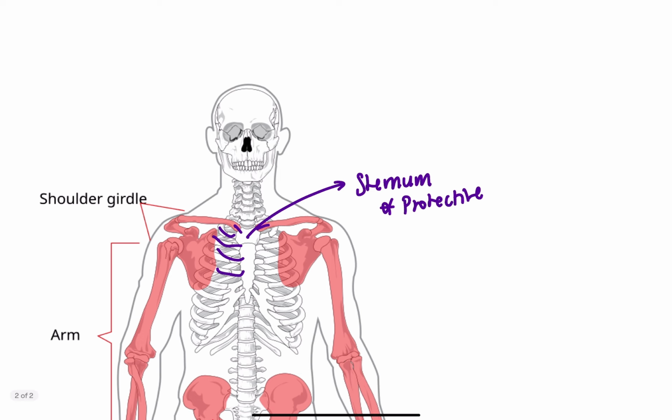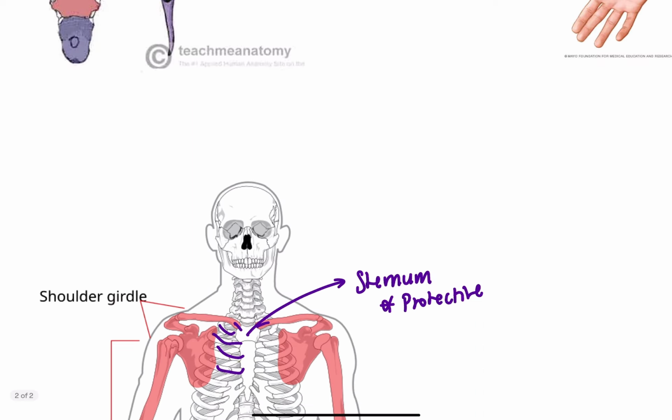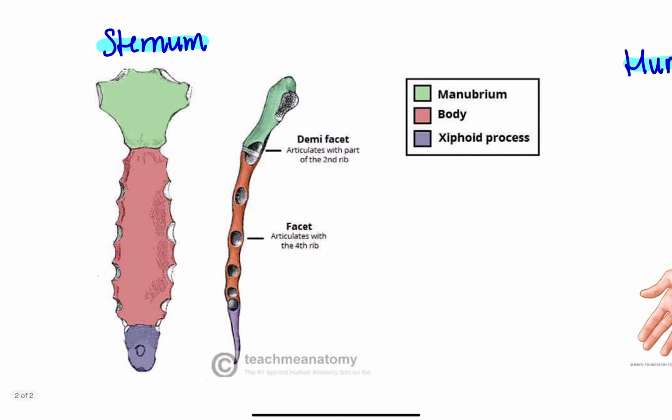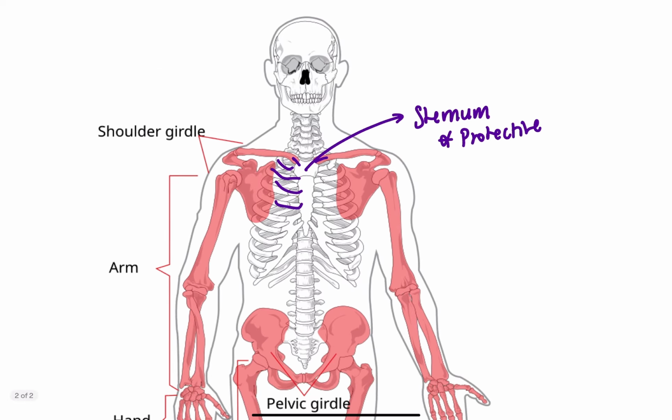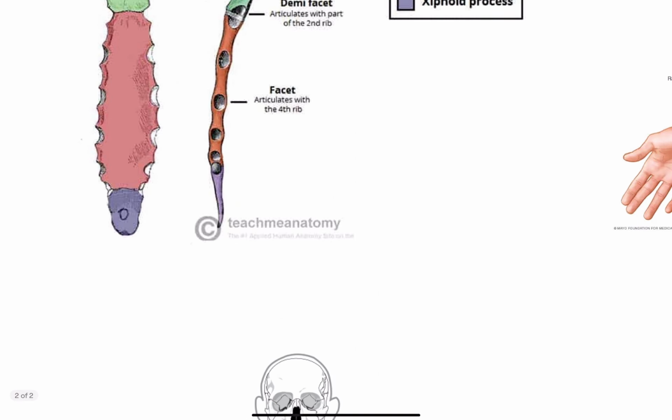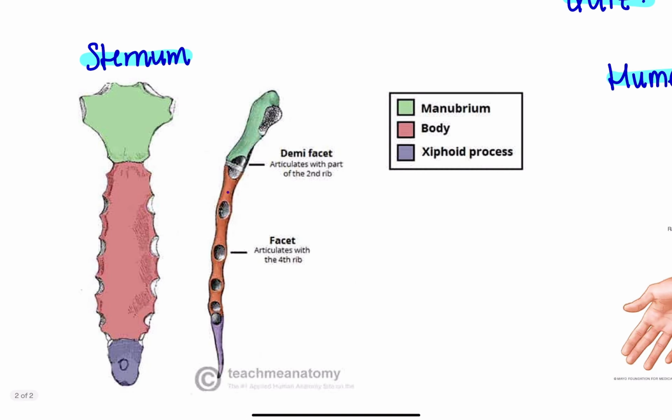So that's the first point. The second point is if we look at the sternum from a side-on view, we can see that the sternum is quite thin. It would have compact bone on the outside edge, and then spongy bone in between, but still very thin.